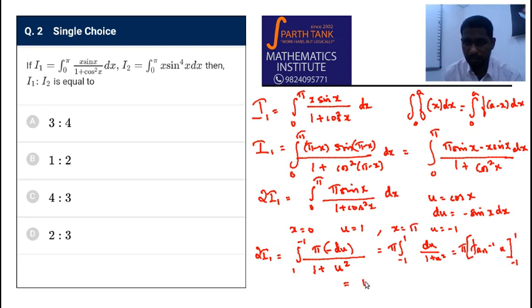Now what is tan inverse of 1? Pi by 4, minus tan inverse of minus 1, which is minus pi by 4, right? So this becomes pi squared upon 2, but this is equal to 2I1. Alright. Therefore I1 will be pi squared upon 4. Let me write it down here. I1 is pi squared upon 4.